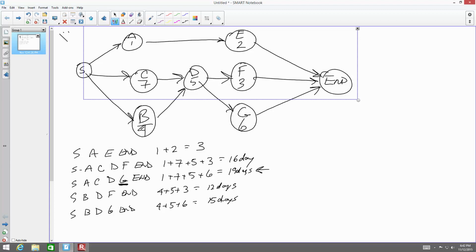Sorry, I got an error message here and the eraser doesn't want to work. There we go. The line was missing there, guys, sorry. If we go A, C, D, G, into the end, that's our critical path, and G is on that critical path, so there's zero float for G. So that's a one question diagram.